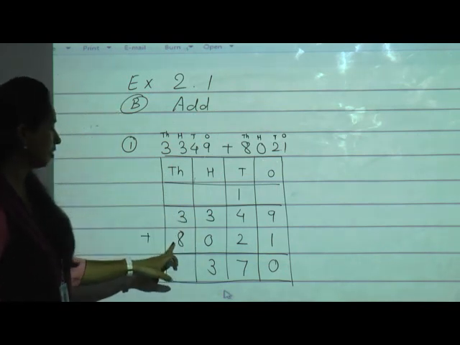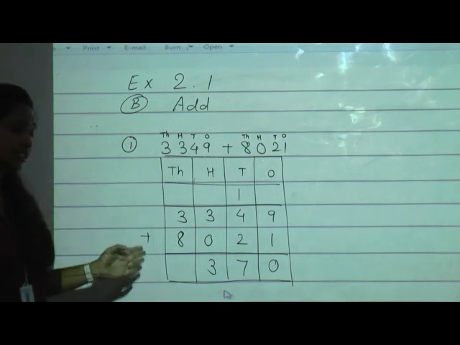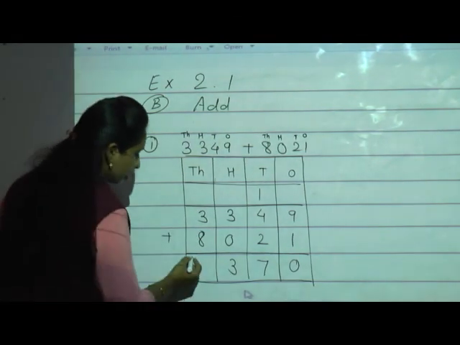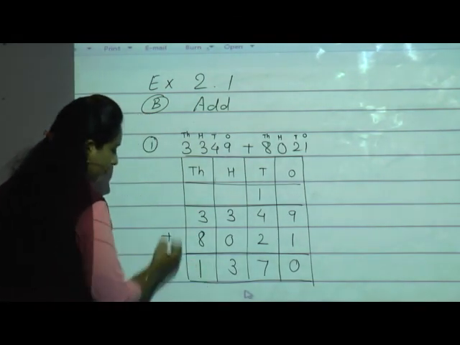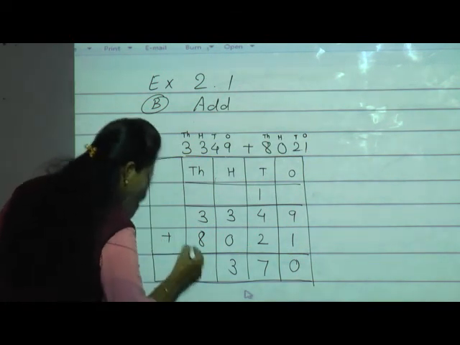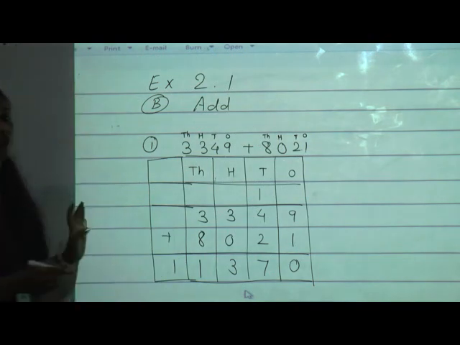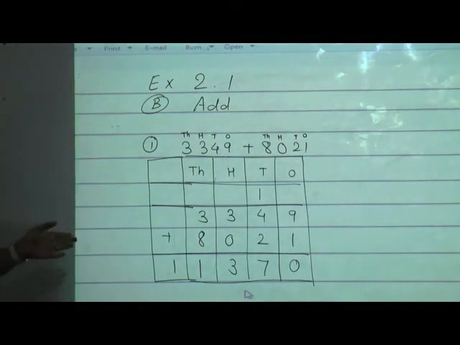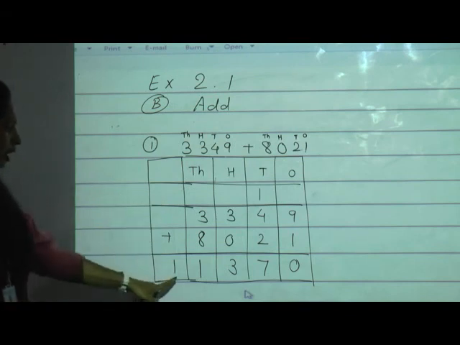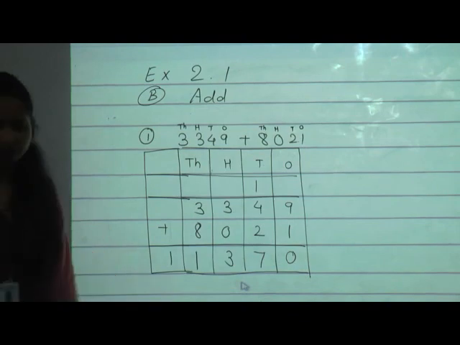Now 3 plus 8 is 11. So this is a 2-digit number, so we have to add one more column here to write a 5-digit number. As I told you, we are solving 4-digit number addition, but we are getting a 5-digit answer. Okay, got it?